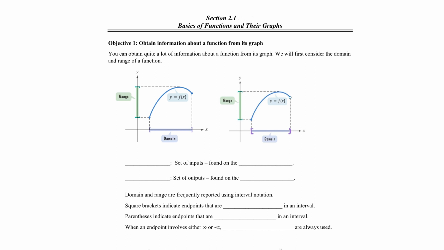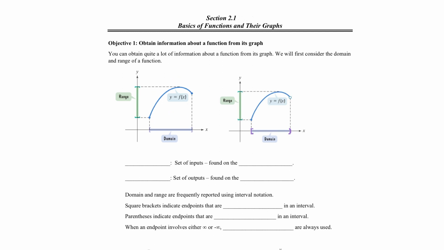So the first thing that we're going to think about is the domain and range of a function, which are very often much easier to determine by looking at the graph of a function than the equation or the function definition. The first example that I have here on the left is a function that would certainly pass a vertical line test, right?